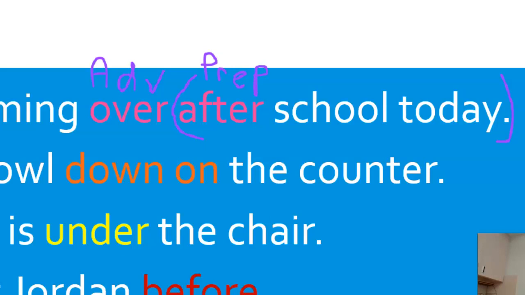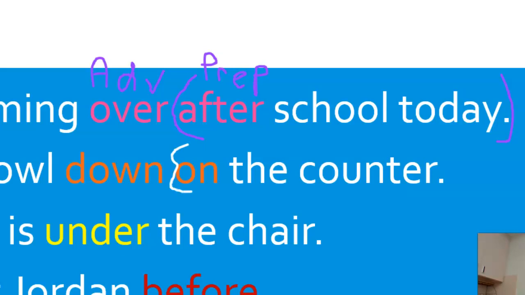Set that bowl down on the counter. Go ahead and write the word you believe is the preposition and write the word you believe is the adverb. So again, we're not going to have two prepositions in the same prepositional phrase.